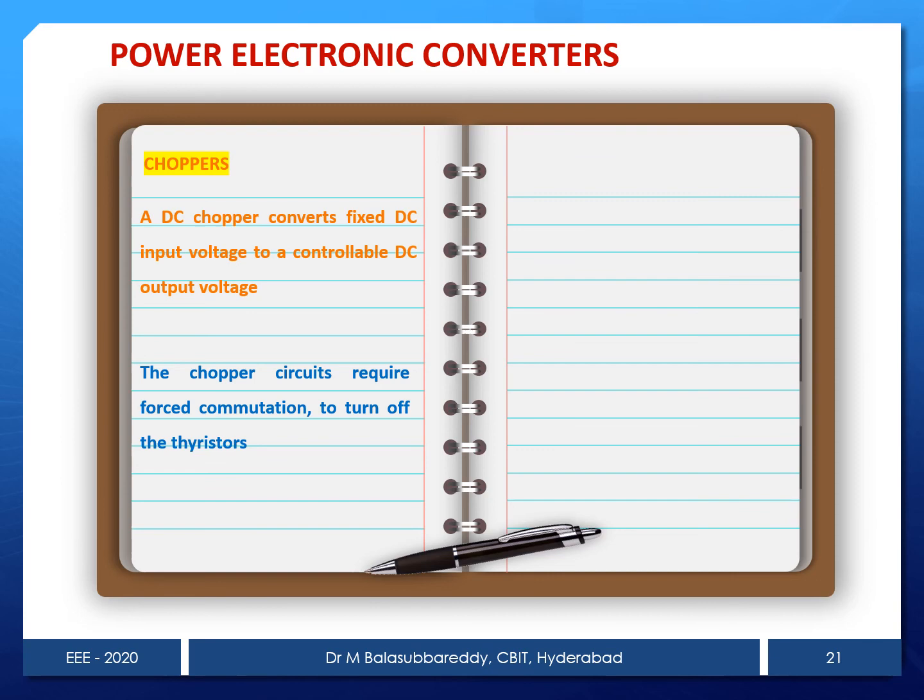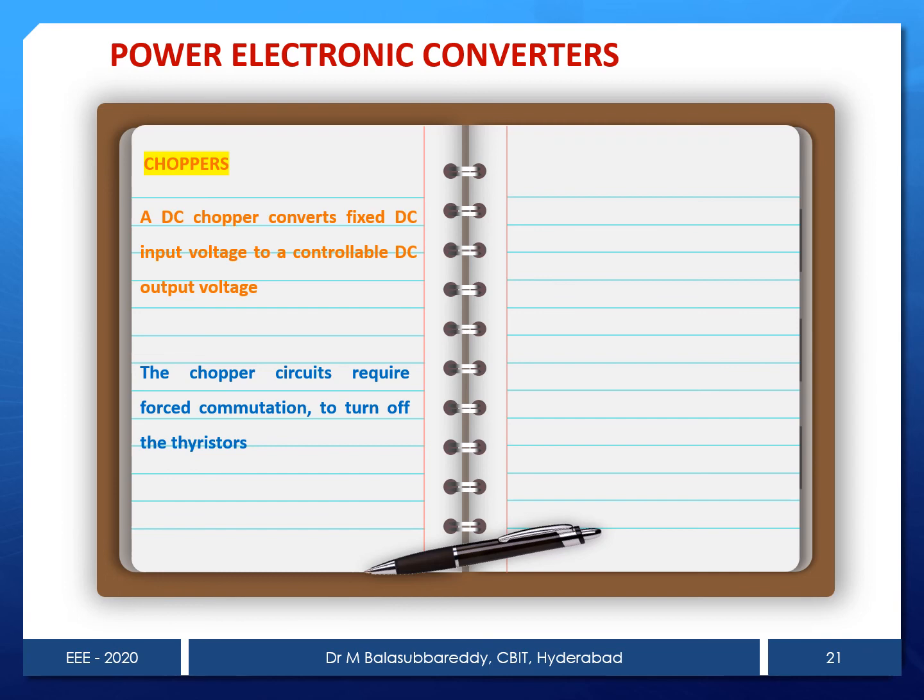What is the meaning of forced commutation? By making use of commutating elements L and C, we turn off the device forcibly. That is why a chopper requires a force commutated circuit.